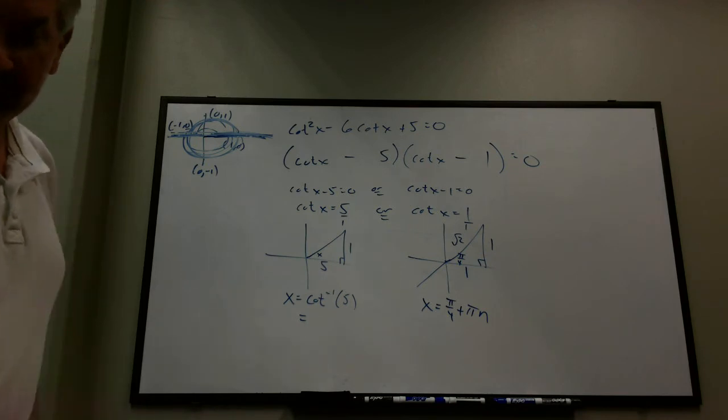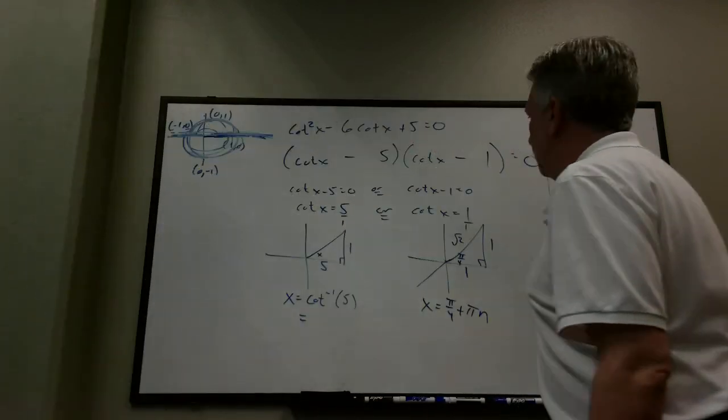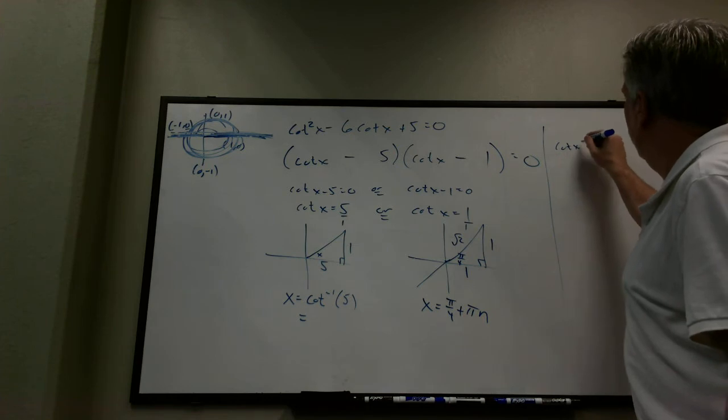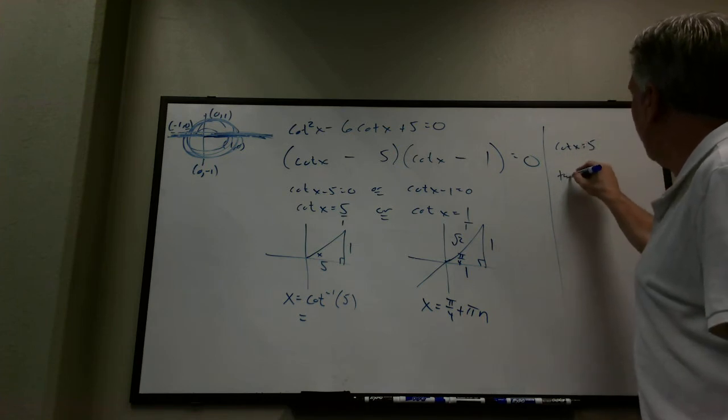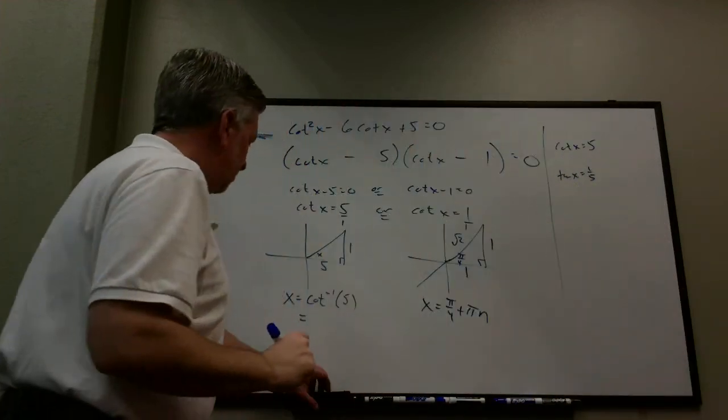So how do we do that? There's no cotan inverse button on the calculator, so let me do some scratch work over here. Cotan x is 5, so that means tan x is 1/5.